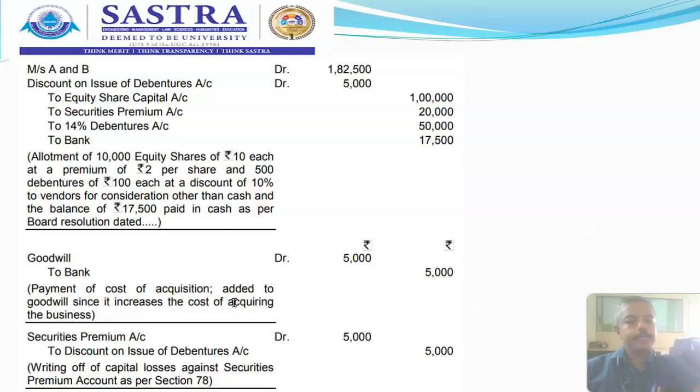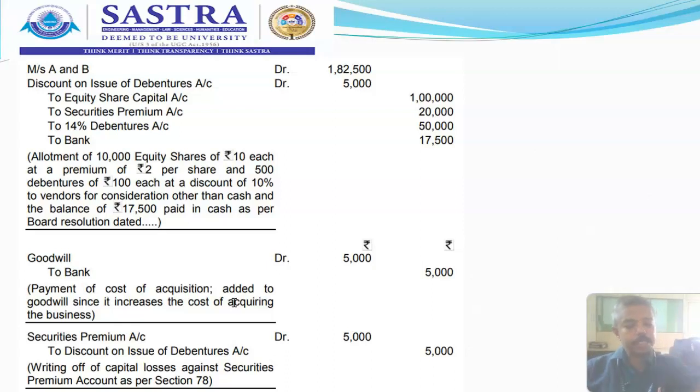The same thing we are posting into the journal entry. So take the workings of purchase consideration, and the same thing is converted into the journal entry. If you are good with the purchase consideration table, that calculation in order, then passing this journal entry would be so easy. So convert that table into the journal entry. So simple.